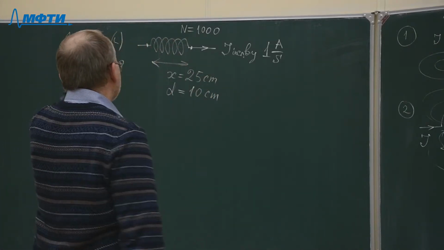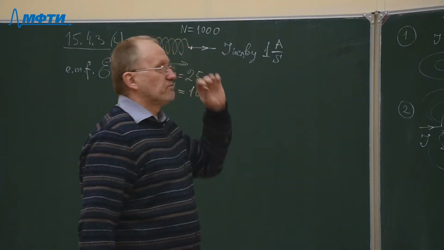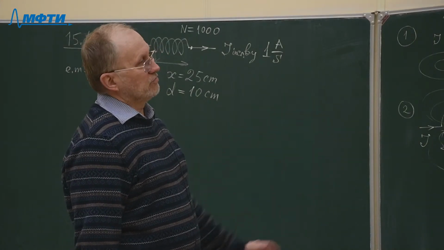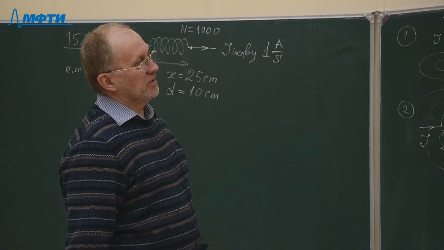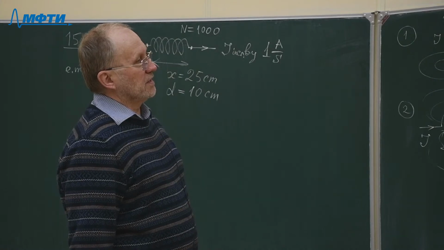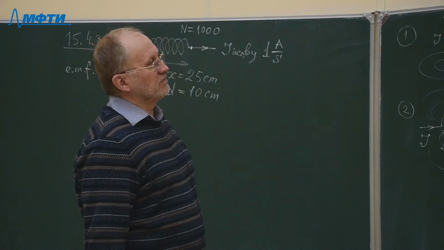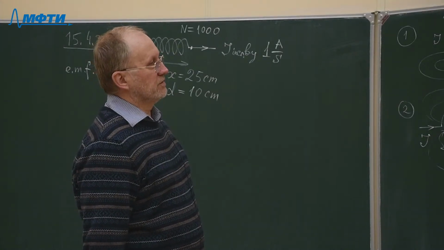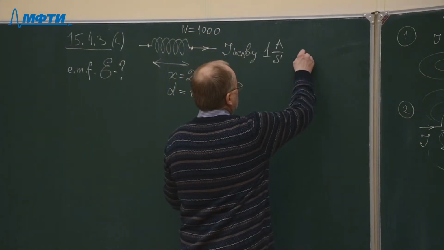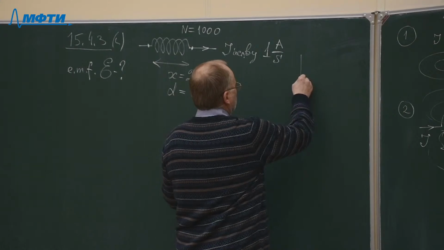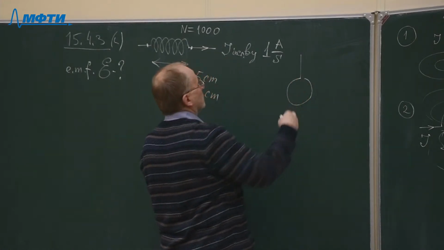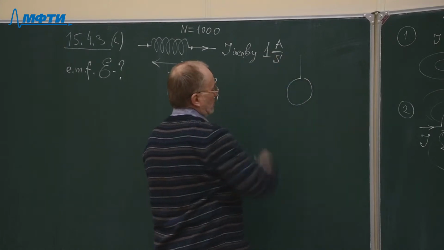Before solving this problem, I would like to make some additional theoretical explanations related to what we have discussed about the magnetic field. So, as far as the phenomenon of electromagnetic induction is concerned, if we have a coil, if we have a loop of current, and we arrange a change of magnetic flux here, there will be some current.